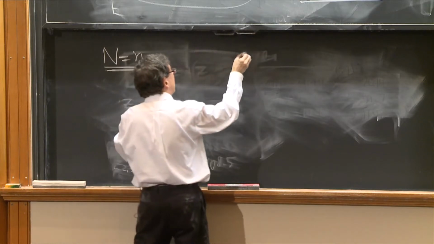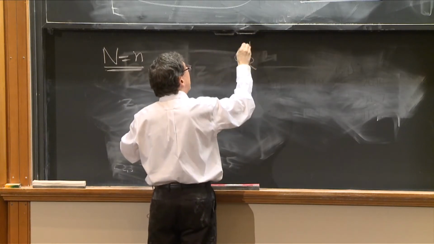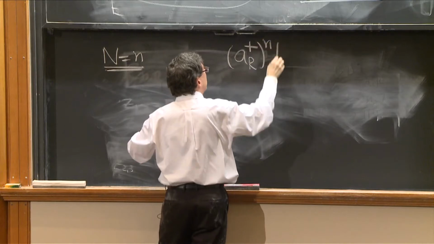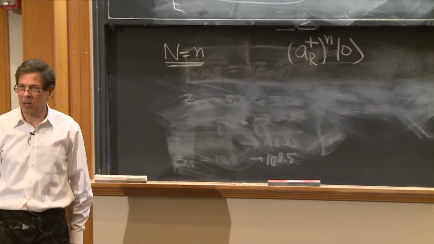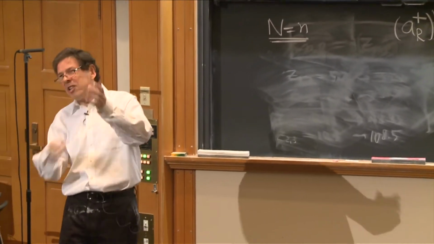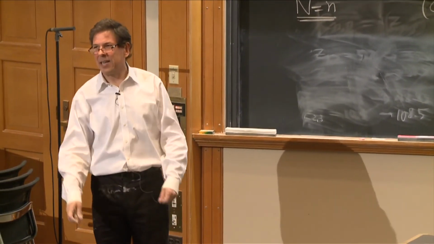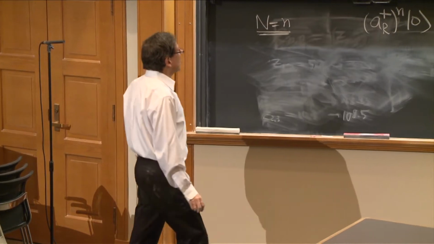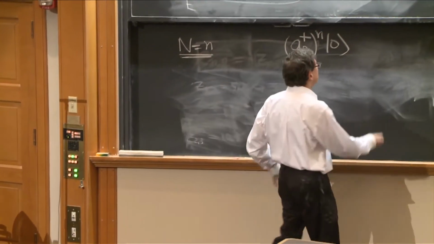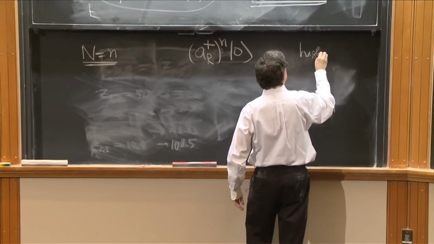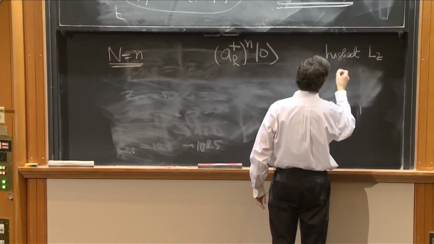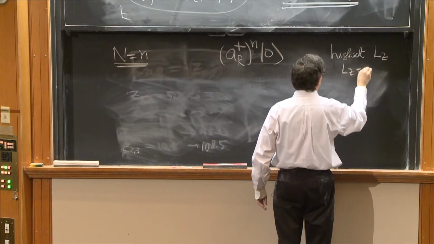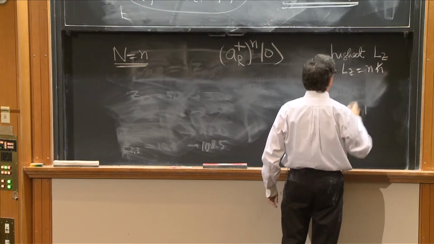So you have a state with A right dagger to the n on the vacuum, and this is the state with highest possible Lz, because all the oscillators are A right dagger. So Lz is the highest, and the Lz is in fact n h bar.